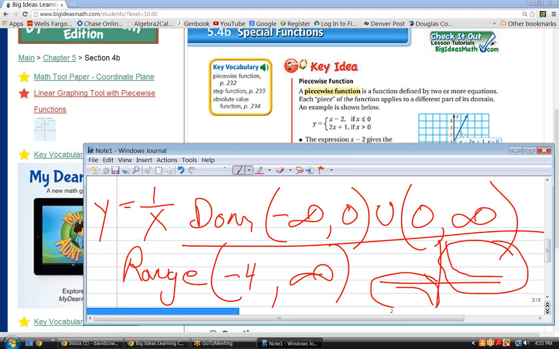Sometimes your domain or range will have 3 or 4 different intervals that are not continuous. So this merely means combined. We can go from negative infinity to 0, but we can't be 0, and then we're going to combine that with the separate interval from 0 to positive infinity.